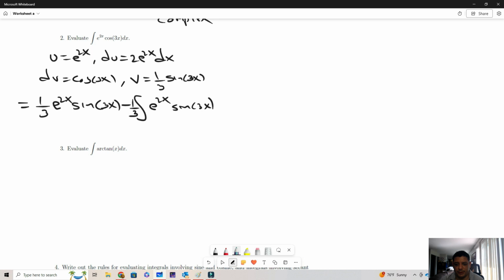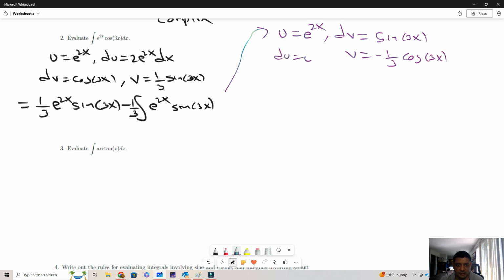If I'm going to do parts for that integral, I'm going to pick the same type of substitution that I did before, so it's consistent. u is equal to e to the 2x, and dv is going to be sine of 3x, and therefore v is going to be minus 1/3 cosine of 3x, and du is going to be e to the 2x times 2.